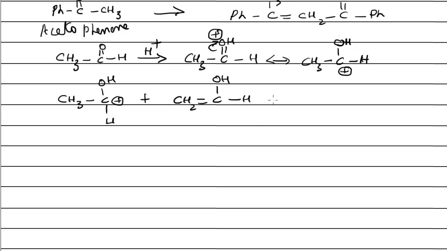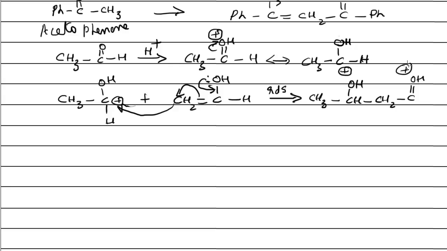Okay, so this lone pair is going to attack here. The bond moves to carbon and a carbon attacks here, and this is the rate determining step, and you get CH3 CH OH, CH2, C double bond OH positive, H.